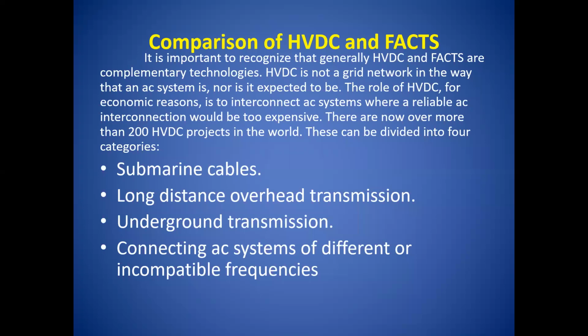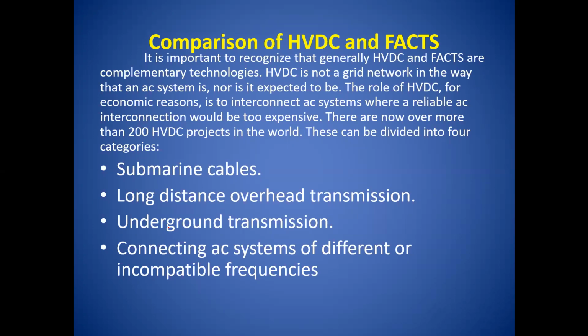Now we will see one by one the differences between HVDC and FACTS, and where we are going to use them in the transmission network. There are different types of transmission networks. One is the submarine cable; then the long distance overhead transmission line, which is the usual one, and we see a number of transmission lines spread over the country; and underground transmission, that is underground cable, 132 kV lines, 220 kV lines.